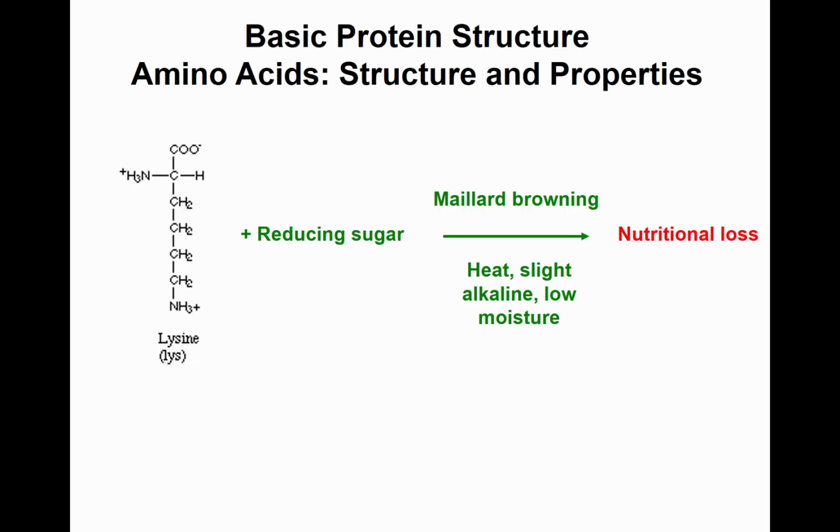So, because it has these two ionizable amine groups, it's the most reactive amino acid of all the amino acids in proteins. So what happens is when you have a reducing sugar and you have lysine, you have Maillard browning more readily than a protein low in lysine, and then you have nutritional loss in addition to browning because lysine is an essential amino acid.